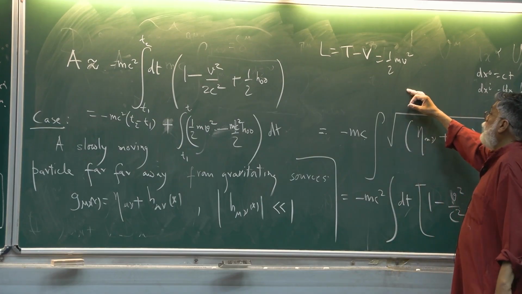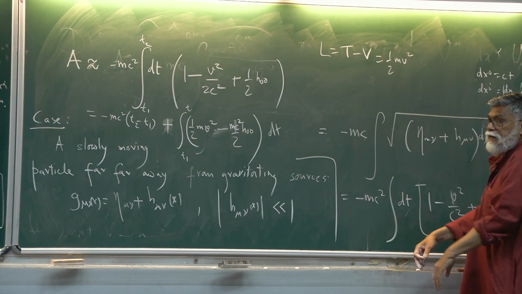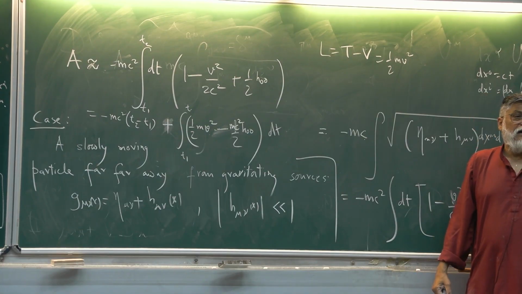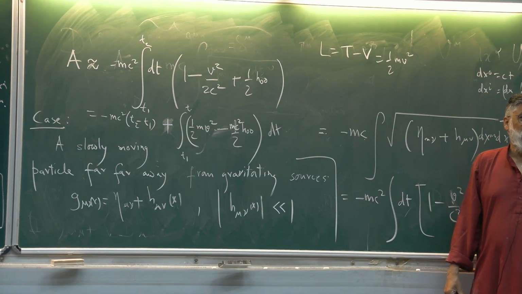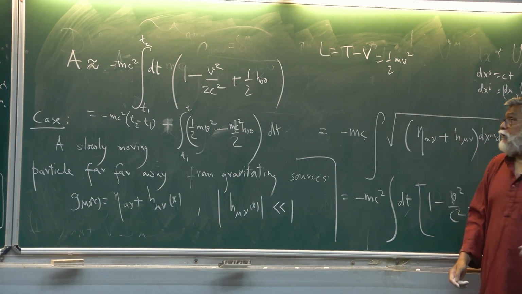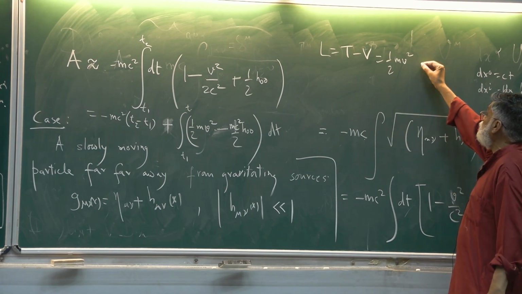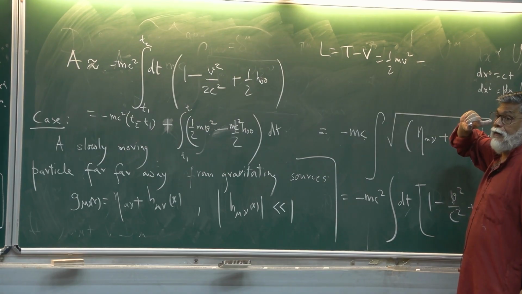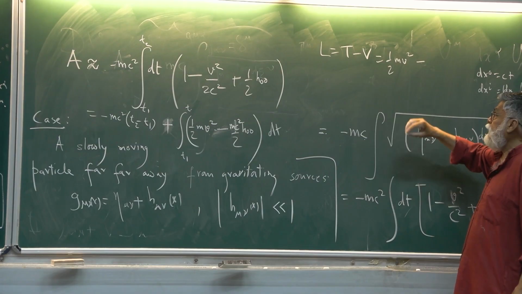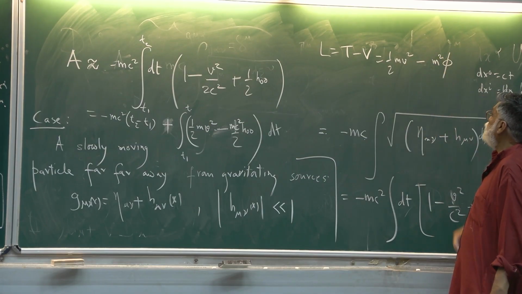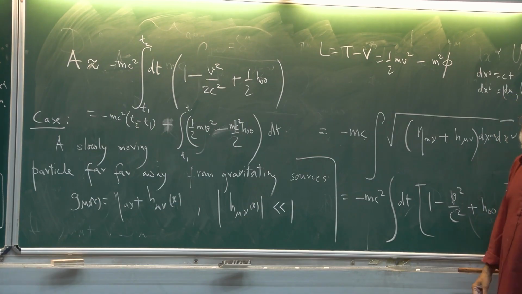Yeah, so if you didn't know about all this and someone told you a Newtonian particle is moving in a gravitational potential, and you write down the Lagrangian and find the equation of motion, your Lagrangian would be simply what? If the gravitational potential is phi, then it will be m phi. Okay?